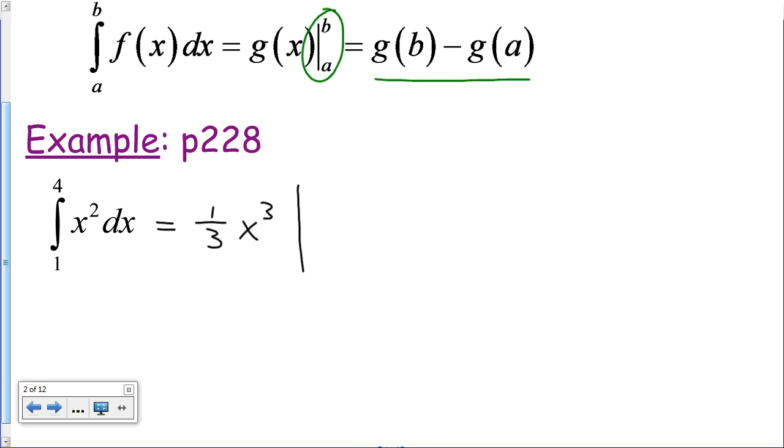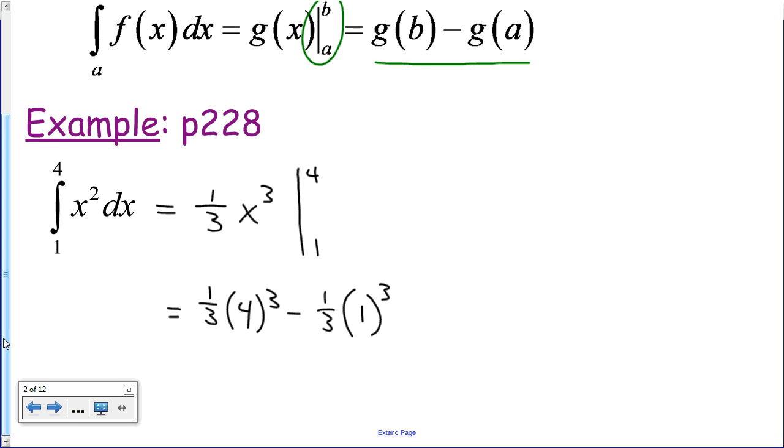And I put my vertical bar, that's our new notation, and I put the 1 and the 4 to indicate I'm going to plug in 4, plug in 1, and then take the difference. So this turns out to be equal to 1/3 times 4 cubed minus 1/3 times 1 cubed. Again, that's what that vertical bar means. Plug in the upper bound, the 4, and then plug in the lower bound, the 1, and take the difference in those two.